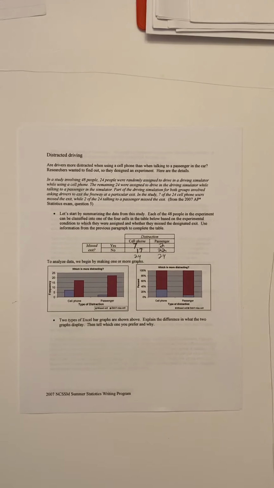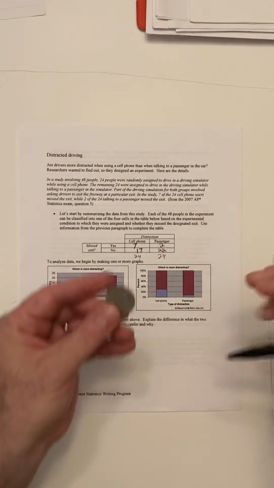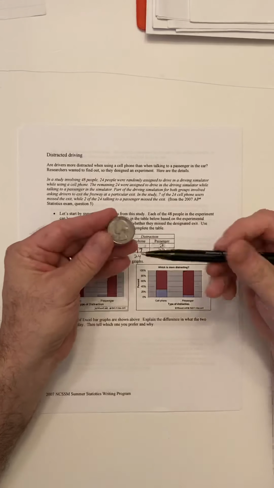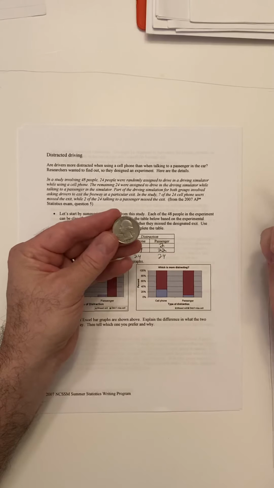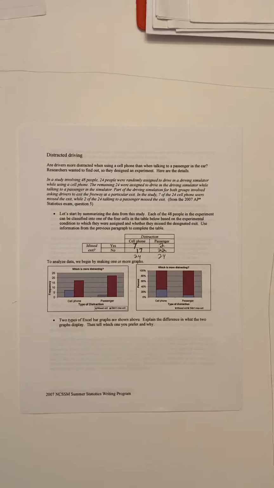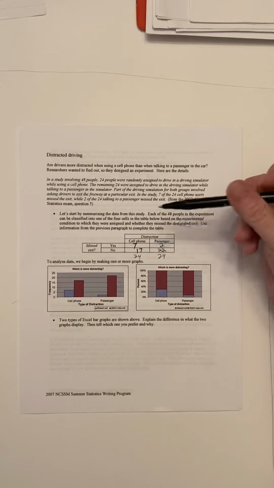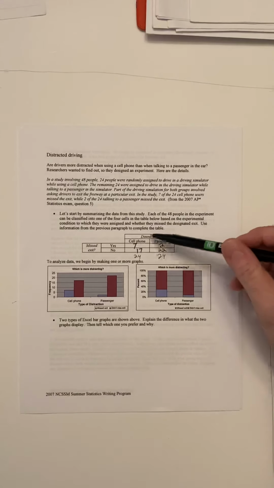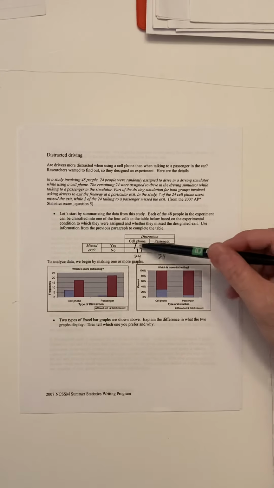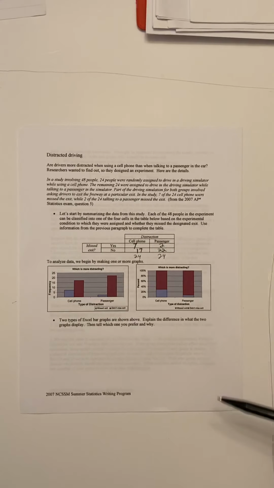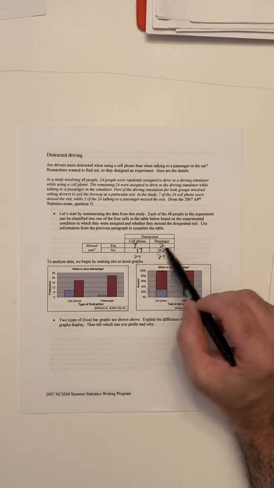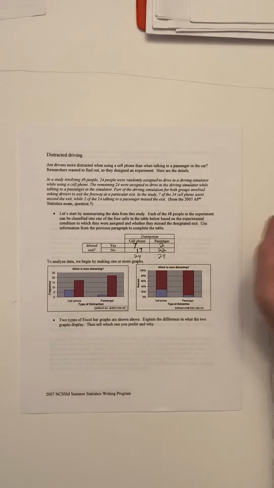We're going to say, well, let's say cell phones really aren't a distraction, and just by the luck of the draw, just like if you have a regular fair coin, it's possible to get 3 or 4 heads in a row. It's not too likely, but it's possible, and it happens sometimes, right? So maybe there was really no difference between these two. It's just that in this particular group of people, 7 people missed the exit who were talking on a cell phone, and 2, but let's say those 9 people who missed exits would have missed exits under any circumstances.